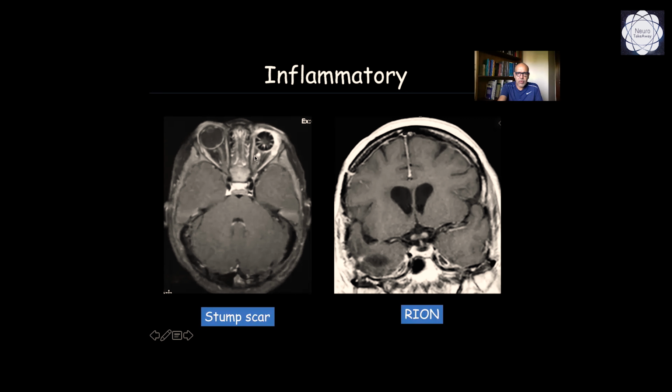This is what we described as the stump scar. After the enucleation for retinoblastoma, you can see this enhancement of the stump of the optic nerve many years after the surgery, and we don't have to confuse this enhancement with dissemination of the tumor. One important thing is that these lesions do not restrict on diffusion, and they persist for a long time without changes.